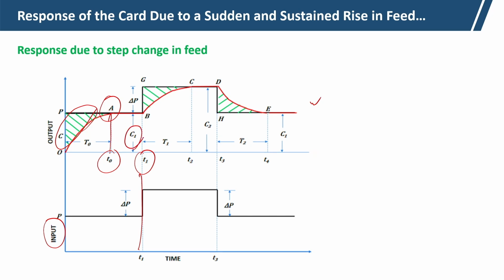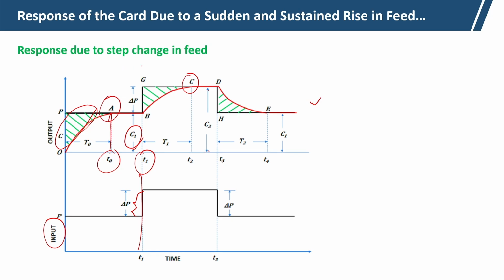So, initially the load on the card was 0, then gradually the load on the carding machine increases, and it stabilizes at point C1. Then when we suddenly increase the feed input material by delta P, the load will again increase up to point C2, which is the total load, but that will not increase suddenly, as a step.